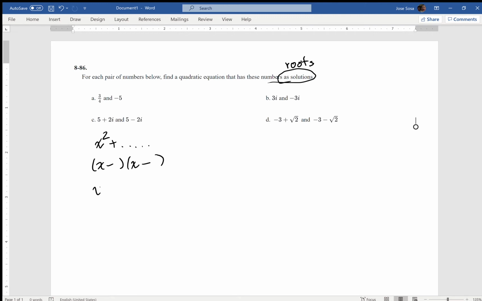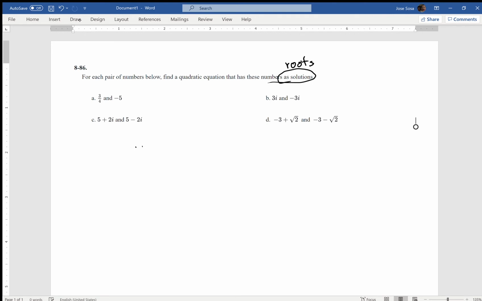And of course, the solutions would be in the form x equals blank or x equals another blank. And this comes from the zero product property. So that's what we're doing here, except we're going backwards. We got the solutions and we're trying to get the equation. All right, so let me erase all of this stuff.